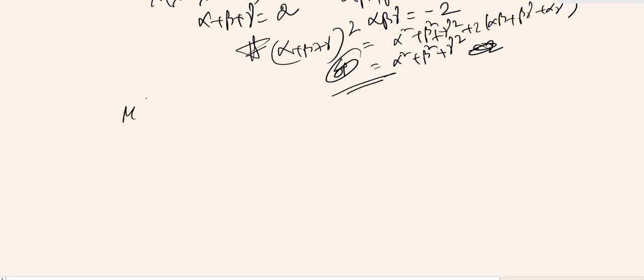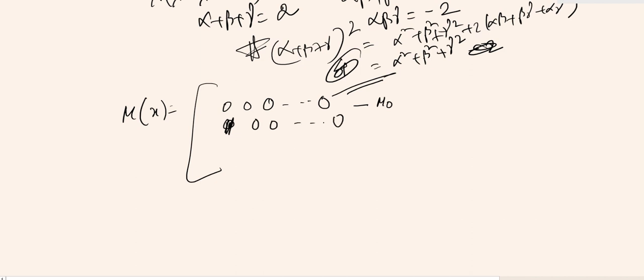For example, it is matrix of X. Then again 1, then 0 1, M1, so M2.